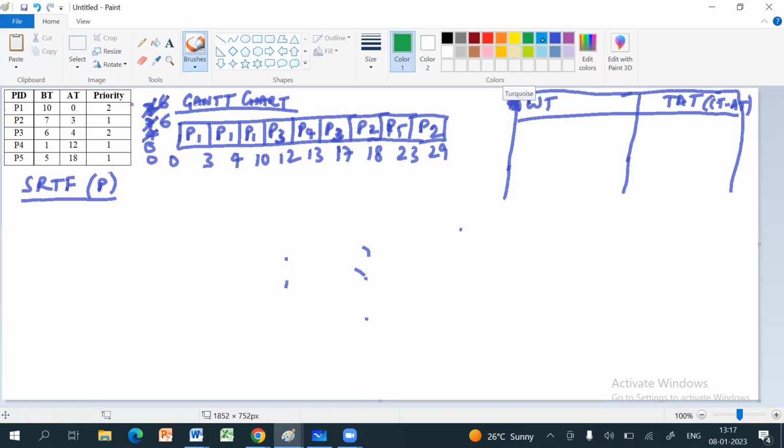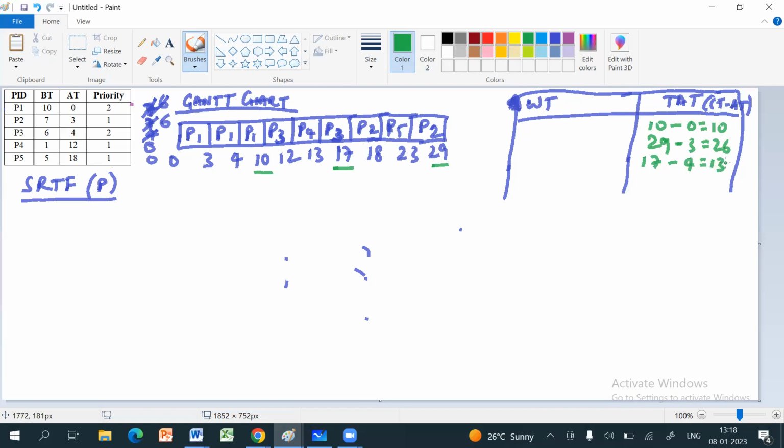So P1 completed at 10, so 10 minus the arrival time 0 is 10, and then P2 completed at 29, so 29 minus the arrival time 3 is 26. P3 completed at 17, 17 minus the arrival time 4 is 13.